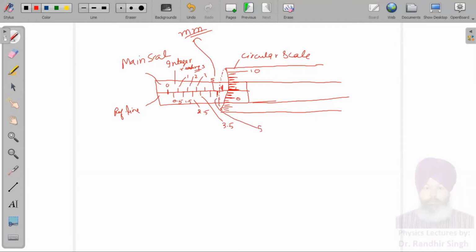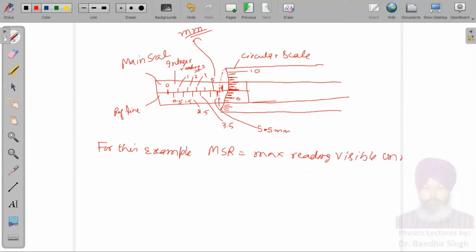So you can see from the integer side, from this side the maximum reading visible is 5 mm, and from this side the maximum reading visible is 5.5 mm. So for this particular example, the main scale reading is the maximum reading visible on the main scale.